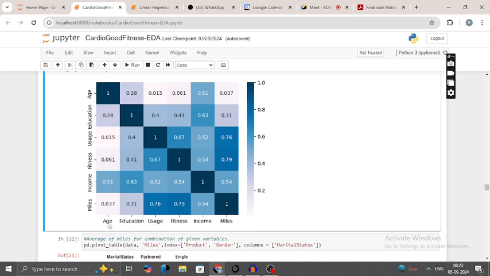If age is related to fitness, it is 0.061. Education related to usage is 0.4, yes, maybe to some extent. Education related to income is 0.63, yes. People who are educated are most likely to have a little bit higher income, maybe, that is not 100%, that is 0.63.